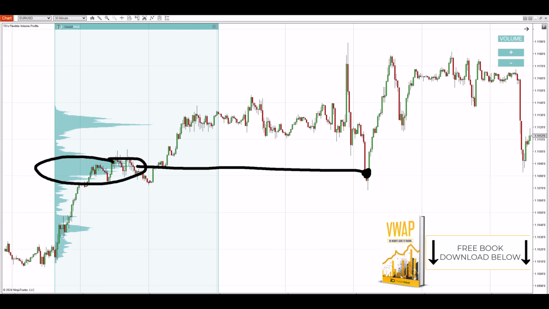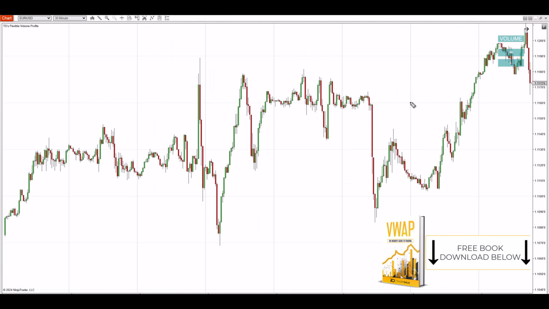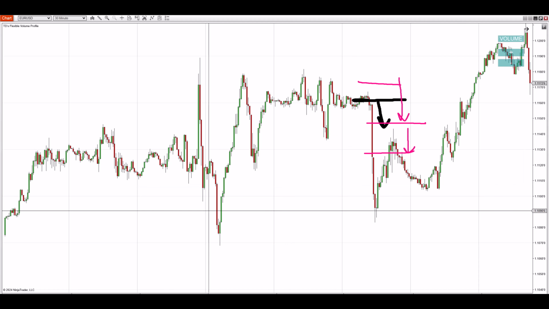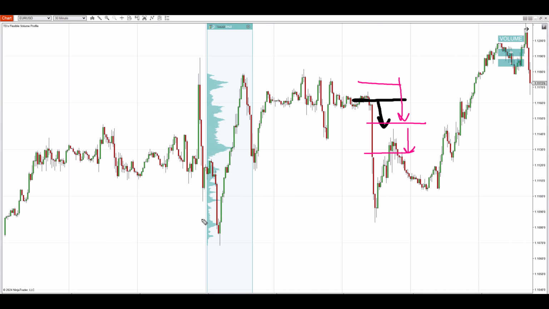Let me give you one more example here. Imagine you are short from here, that you entered a short position, and you are trailing your stop loss, and then price reaches this significant zone, which you can see on the volume profile here, this volume bump.